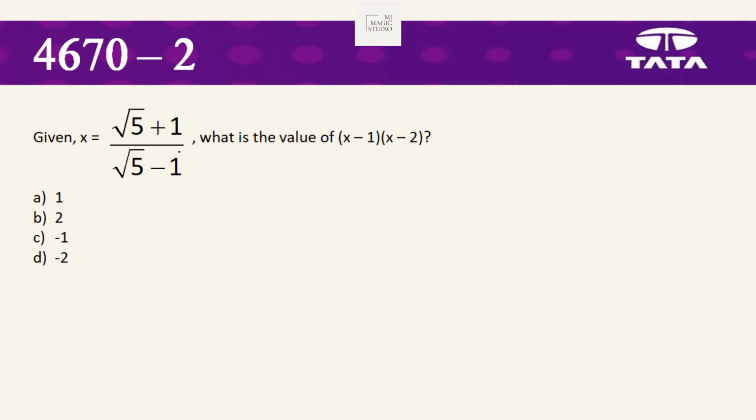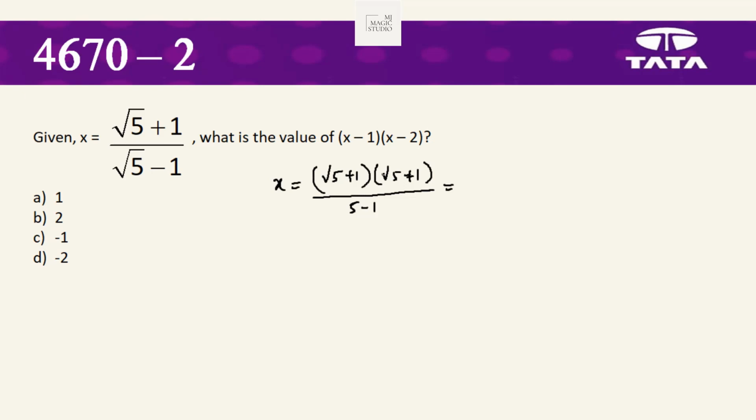X equals root 5 plus 1 upon root 5 minus 1. What is the value of x minus 1 into x minus 2? We can rationalize this first. X would be root 5 plus 1 into root 5 plus 1 by root 5 minus 1 into root 5 plus 1, which would be a square minus b square, that is 5 minus 1.